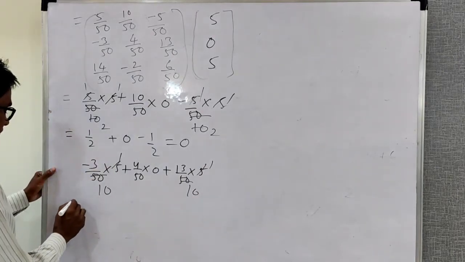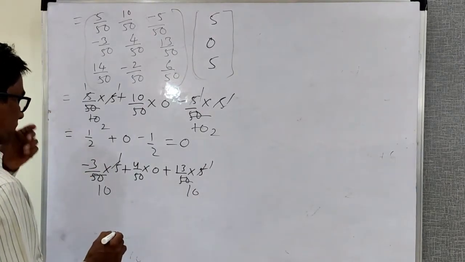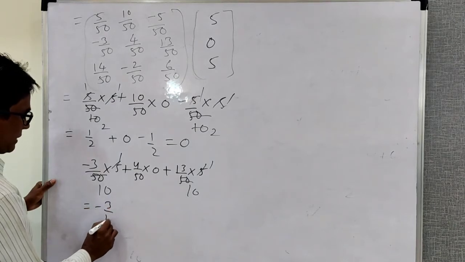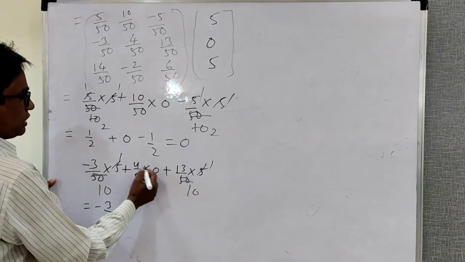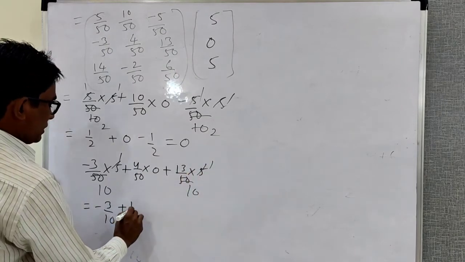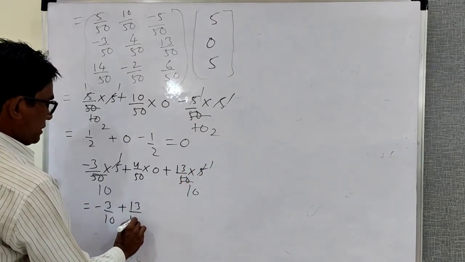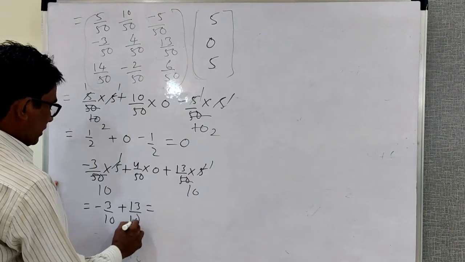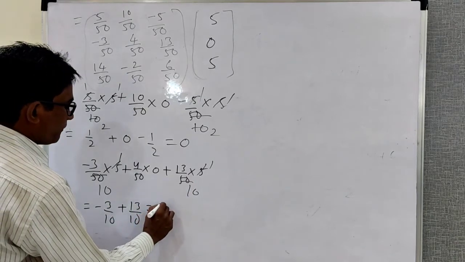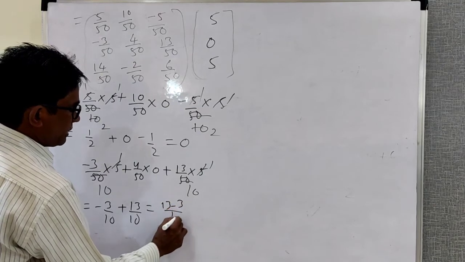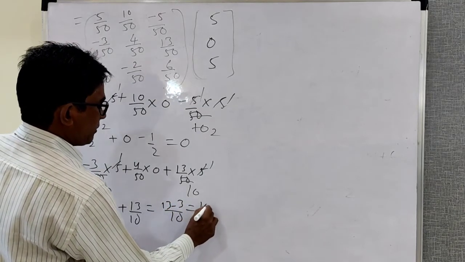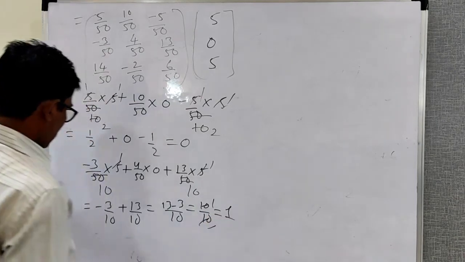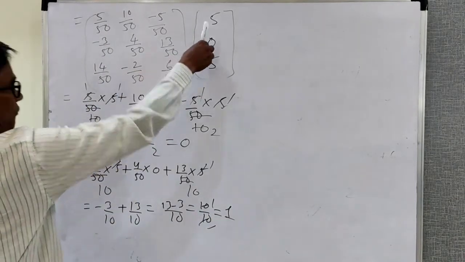So it is minus 3/10, and this is 0 because 0 into something is 0, and this is 13/10. So 13/10 minus 3/10 is equal to 10/10. So it is 1.